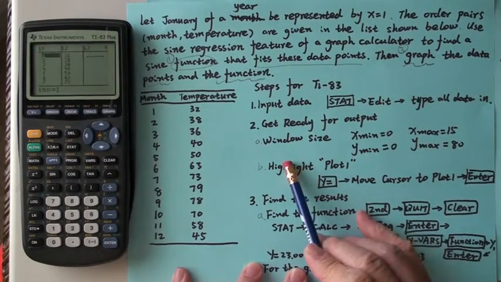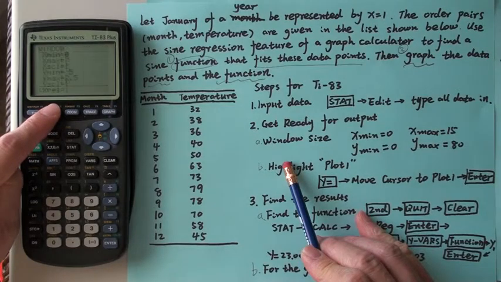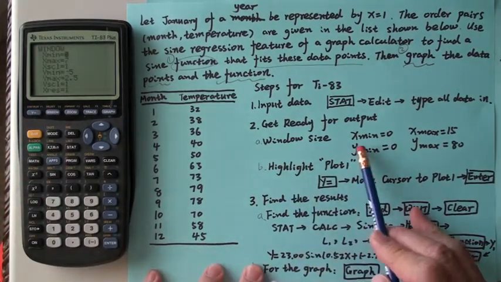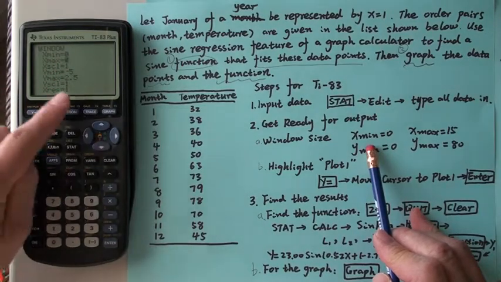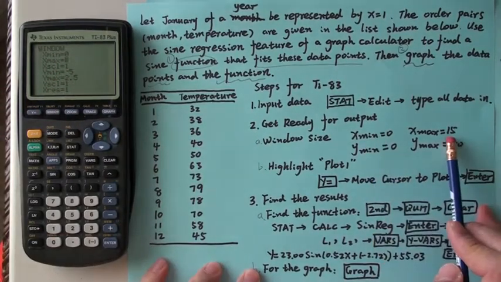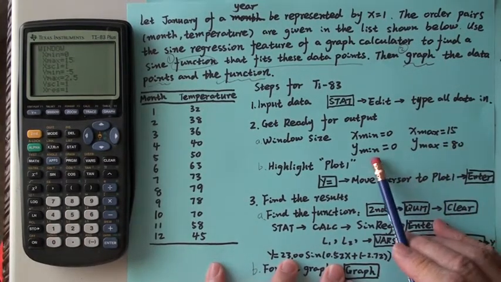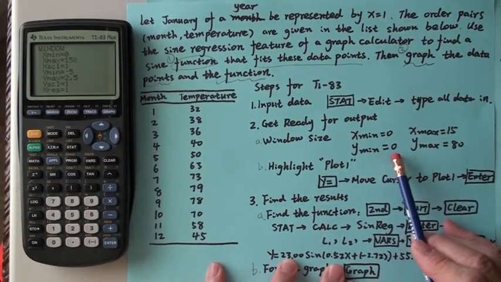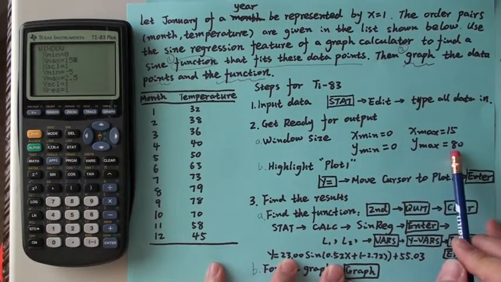So how to do it? We have a window size here, so you click on window. Then 0 for minimum X is there already. The maximum was 7, now it's not enough, so you want to put 15 there. Now for Y, I put 0, and the maximum for Y is 80.